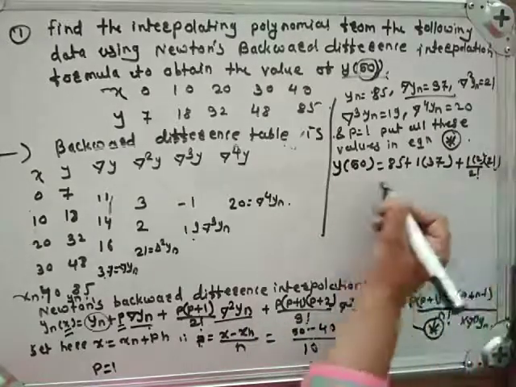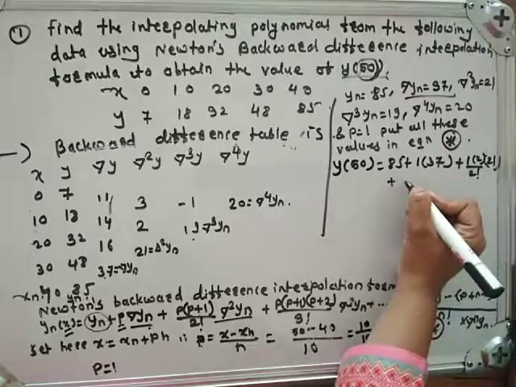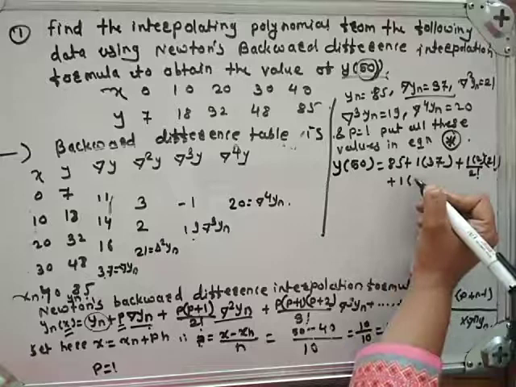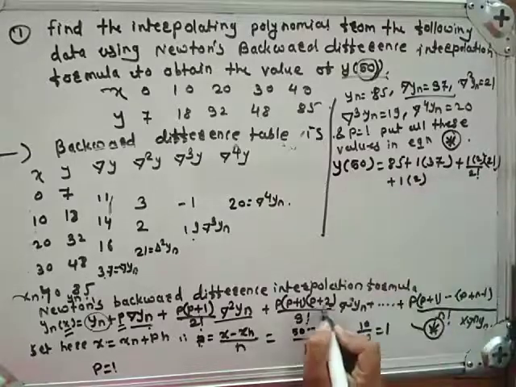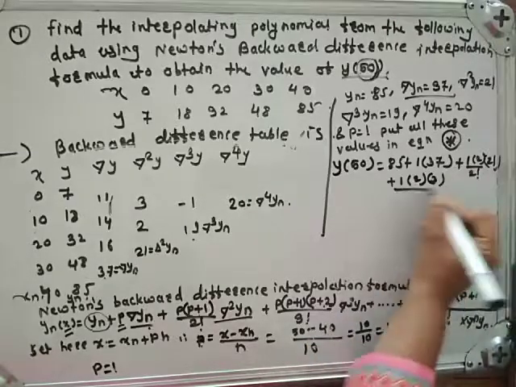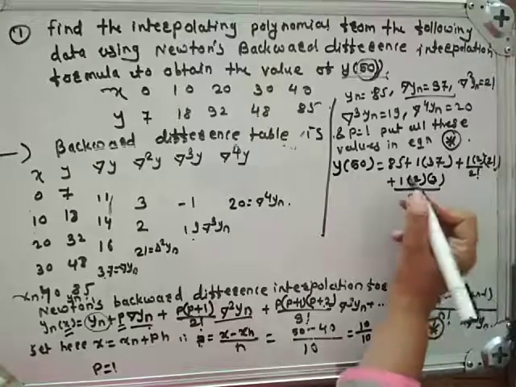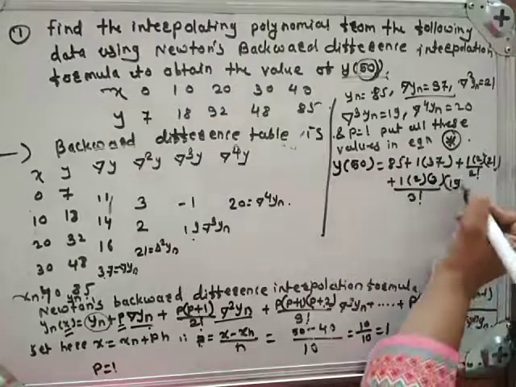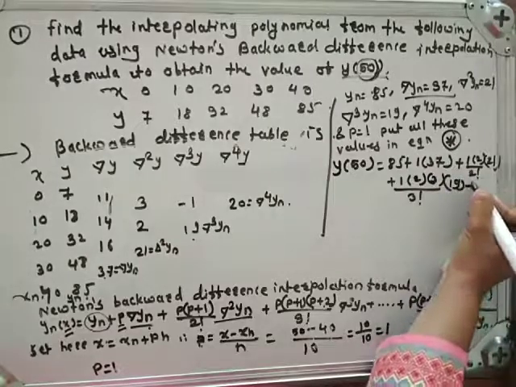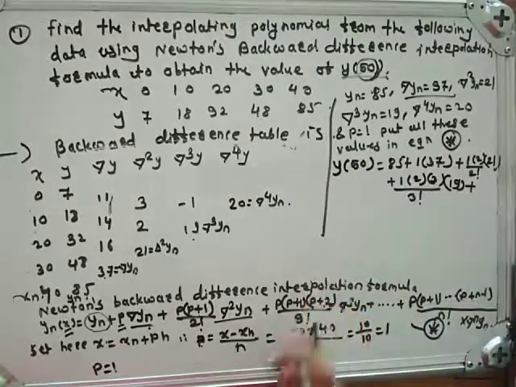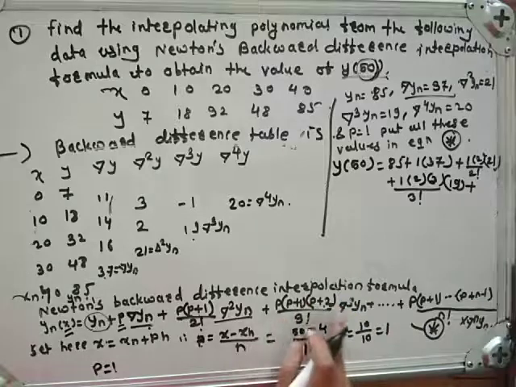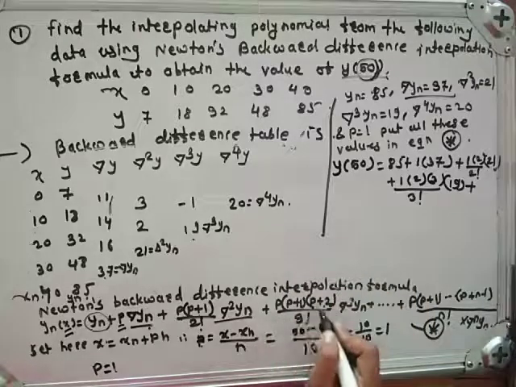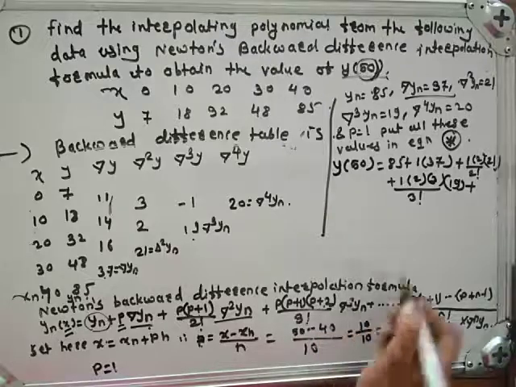Plus p into means 1 into 1 plus 1 is 2 and 1 plus 2 is 3 upon 3 factorial into del cube yn is 19 plus next term will be p into p plus 1, p plus 2 into p plus 3.